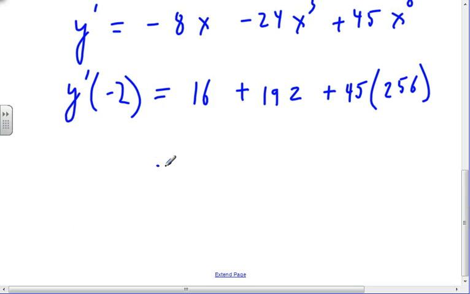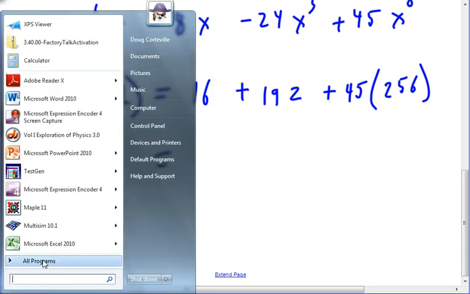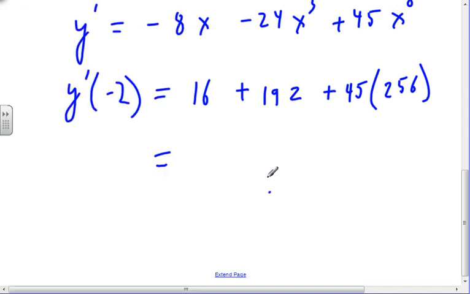All right, so anybody got a good number for that? I probably have a calculator. 11,520. 11,520. All of it together? I don't know. Well, whatever it is, I'm sure our calculator can calculate that.